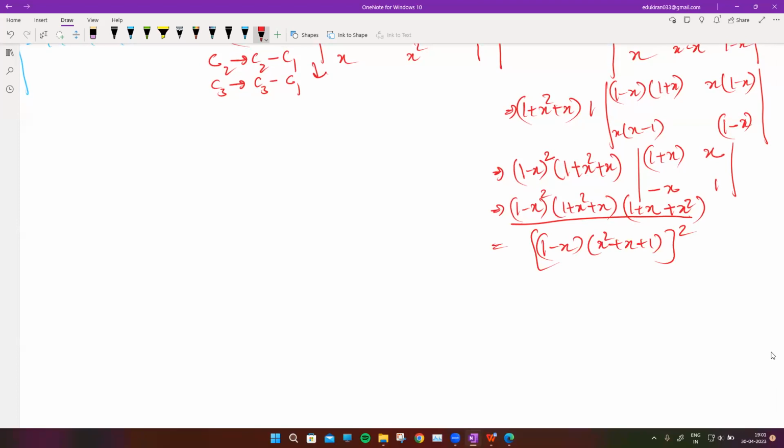Okay, this is also square and they are also square. So 1 minus x whole square and x square plus x plus 1 whole square. Now the product gives you 1 minus x cube. You have already solved these kind of questions. If you remember the formula, can you please tell me what is a cube minus b cube? Formula for a cube minus b cube.